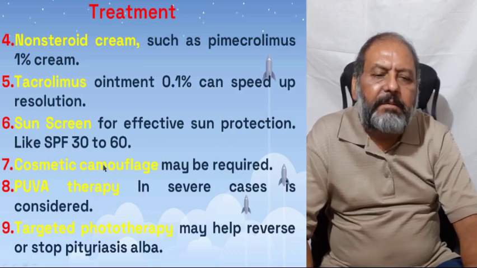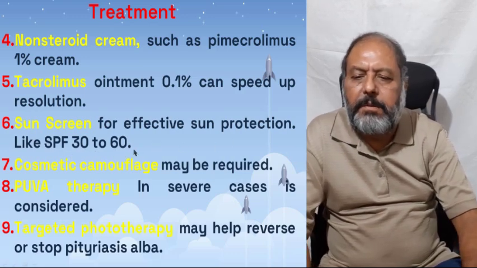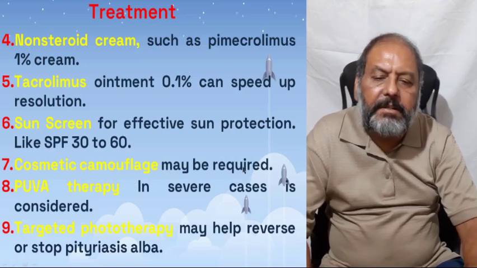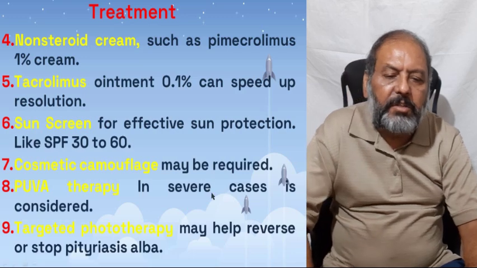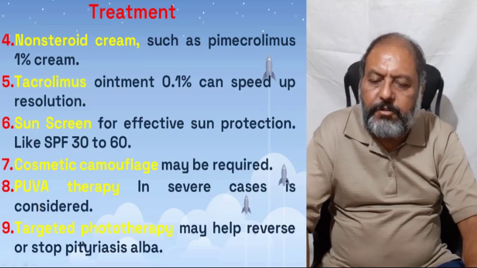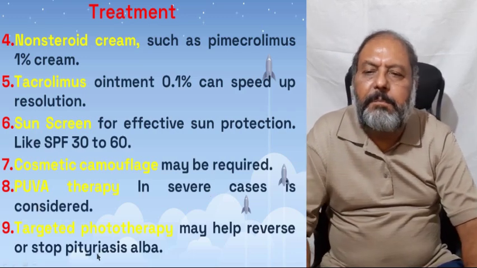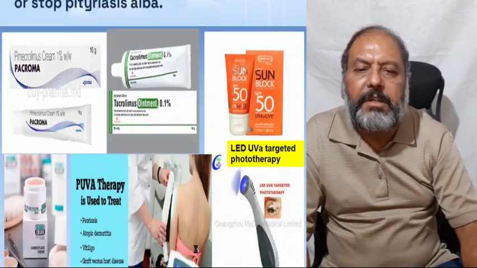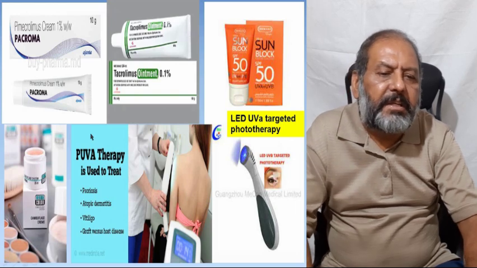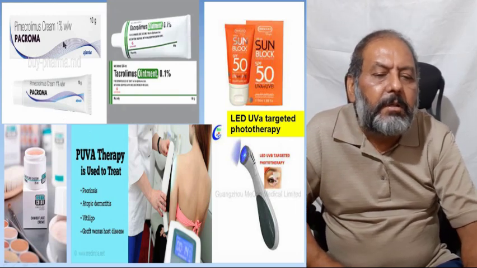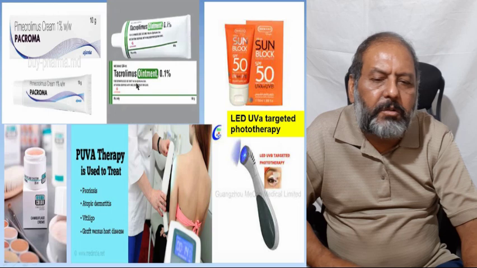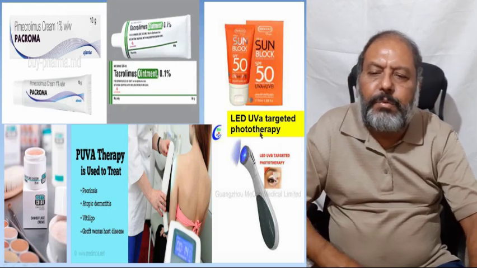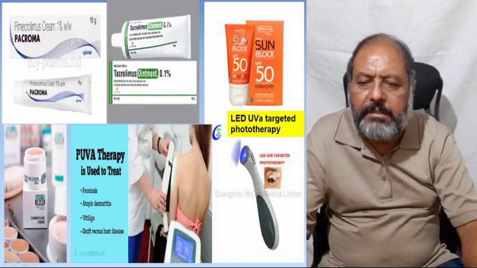Cosmetic camouflage may be required as makeup. PUVA therapy in severe cases is considered, and targeted phototherapy may help reverse or stop Pityriasis alba. So here one can see the pimecrolimus cream, the tacrolimus cream, and LED ultraviolet A targeted phototherapy, PUVA therapy, and the other things which can be used for this purpose.